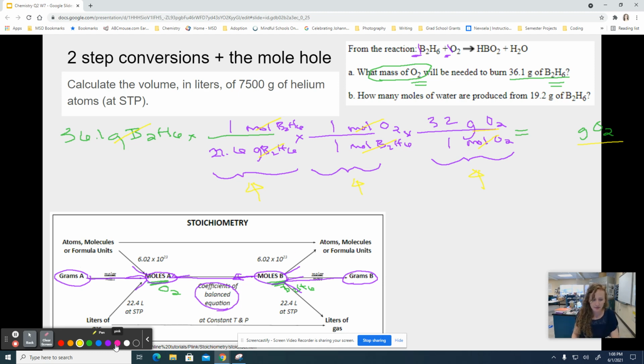And my answer is going to be 41.9 grams of oxygen. Is this a reasonable number? Yeah, it is. The masses of these two things are fairly similar, 27.6 to 32. So that won't cause a huge difference in the masses. And my ratio is 1 to 1 between them. So that's a pretty reasonable answer.